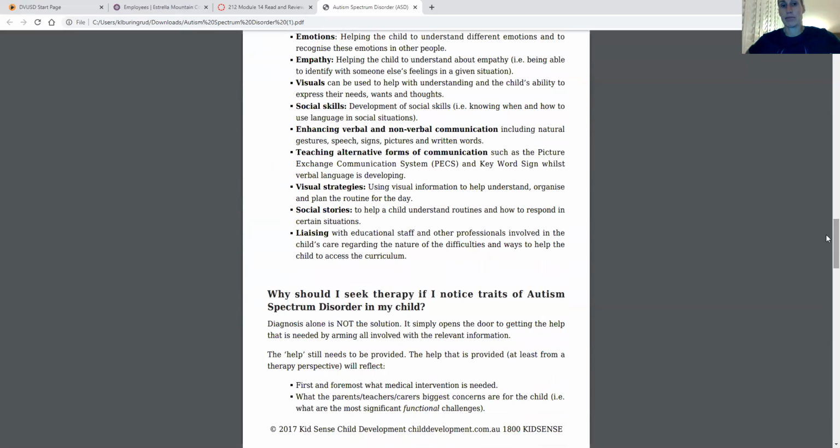Or you see sometimes families really against using some types of visual or picture exchange, some type of symbol-based communication. So definitely look at teaching alternative forms of communication if verbal is not coming. And I want to say too, as a therapist, we're always supporting verbal communication whenever we can. But the important part is, can they convey their message easily and effectively to get their needs and wants met?